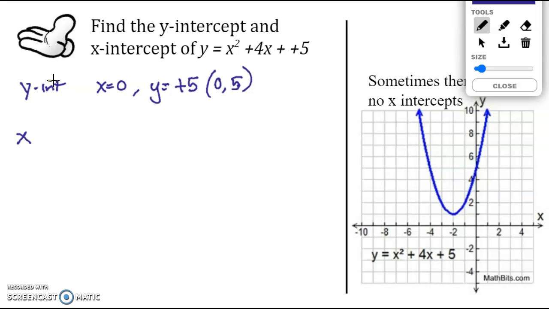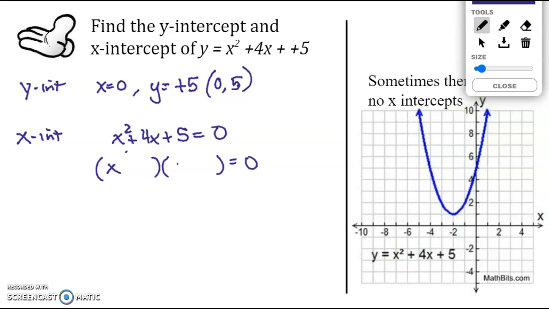What about the x-intercept? That means we're looking for the x squared plus 4x plus 5 to be equal to 0. So the only way we can do that is by factoring x and x here. So we're looking for 2 numbers that multiply to 5 that add to 4. The factors of 5 are 1 and 5.